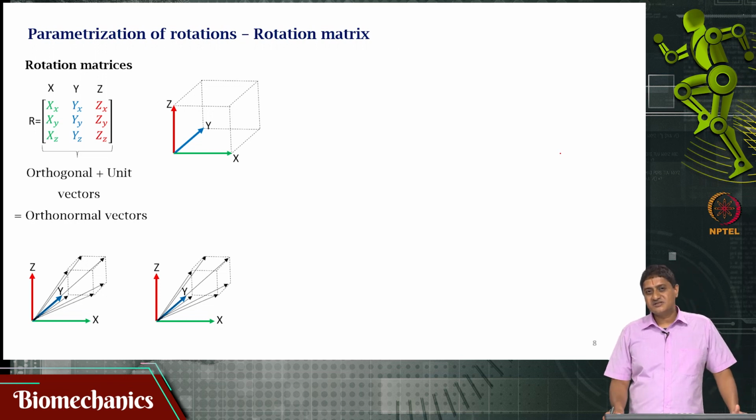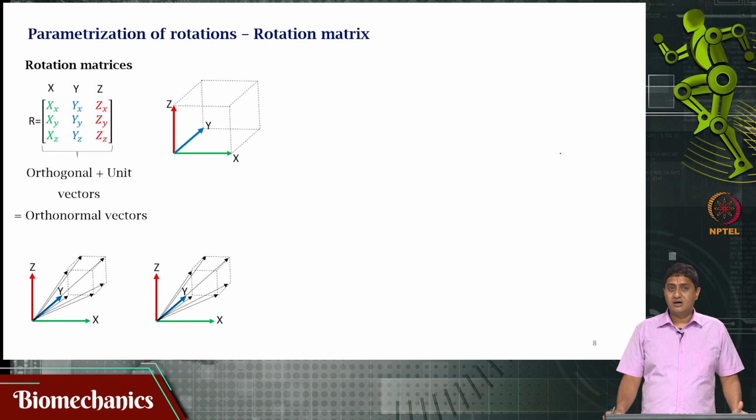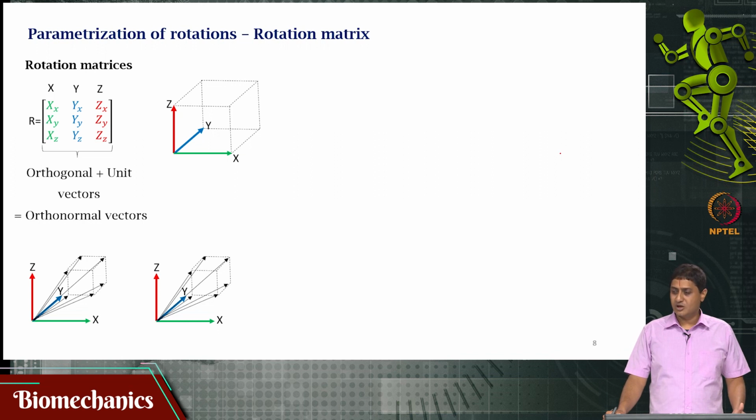A rotation matrix is a matrix composed of 3 vectors that are orthogonal to each other, and each of these 3 vectors has unit magnitude, or they are unit vectors. So essentially these form a basis of an orthonormal system. Okay, these are orthonormal.